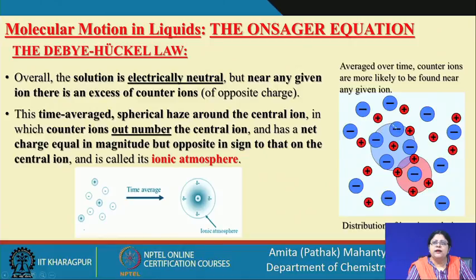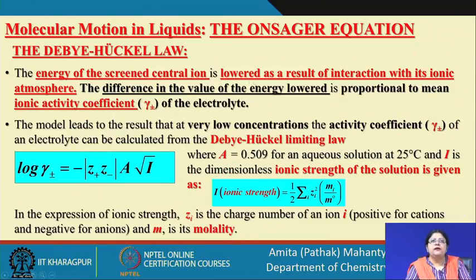So, this haze of oppositely charged ions around the central ion is actually shielding this ion from this ion, right. In the process of shielding, the energy of the screened central ion is lowered as a result of interaction with the ionic atmosphere. The ionic atmosphere is actually interfering with the Coulombic interaction between the positive and the negative ions placed in the solution.